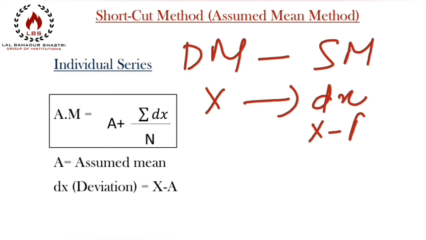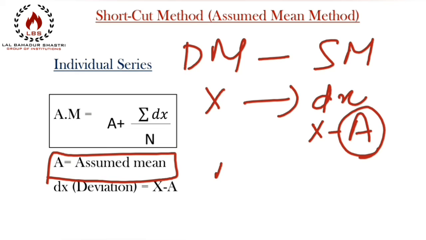X minus a. X is our observation. A is assumed mean. So when we move from direct method to shortcut method, our observations are converted into dx.